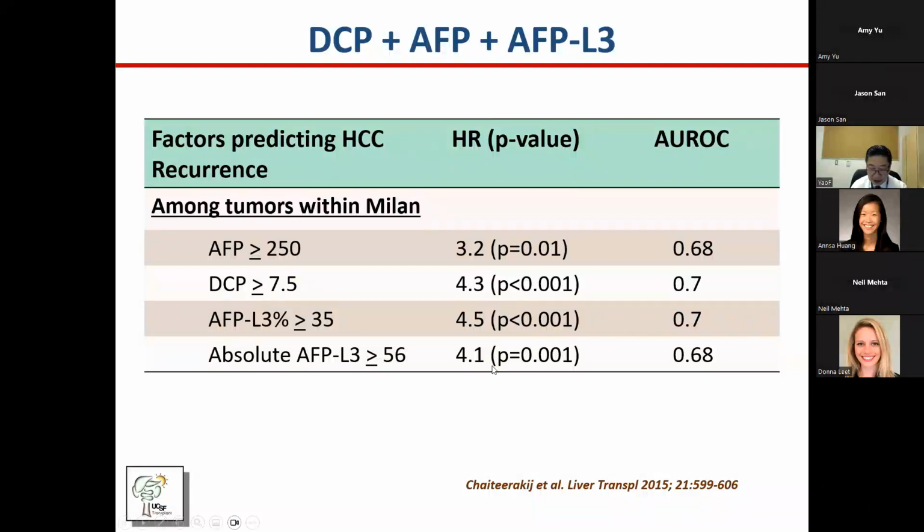AFP-L3 or absolute AFP-L3 are also significant predictors of tumor recurrence. You can see that AFP-L3 of at least 35% in this study, and DCP at least 7.5, had higher hazard ratio and also area under the ROC curve compared to AFP of at least 250.